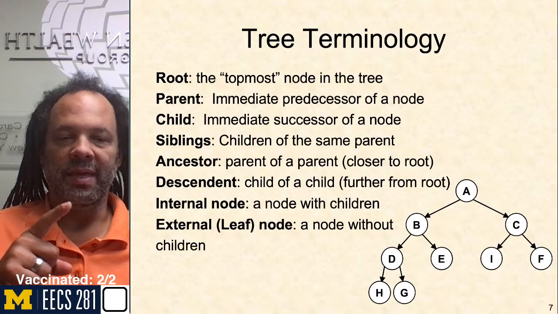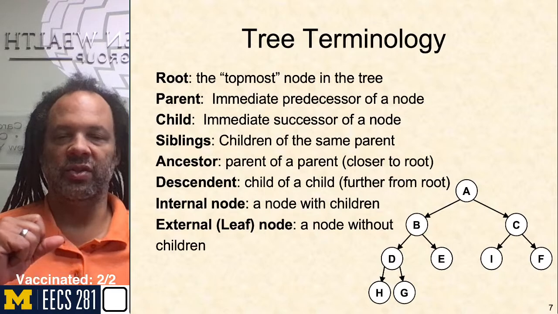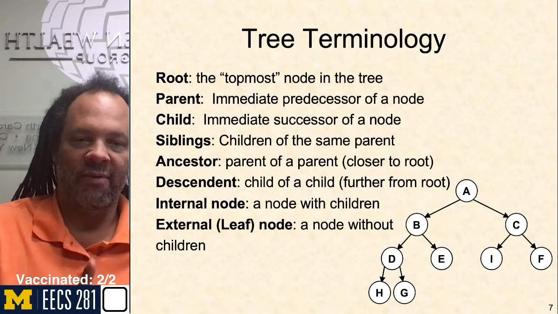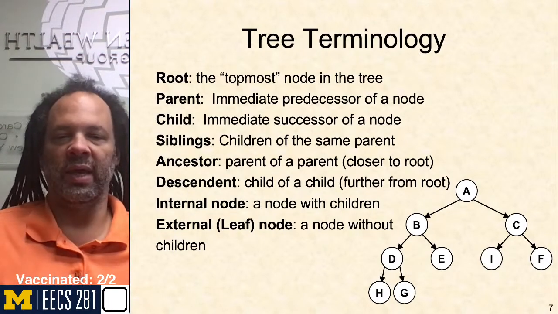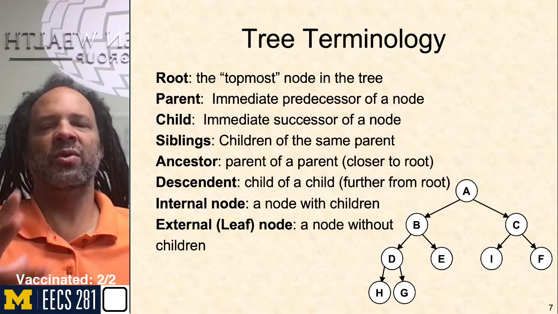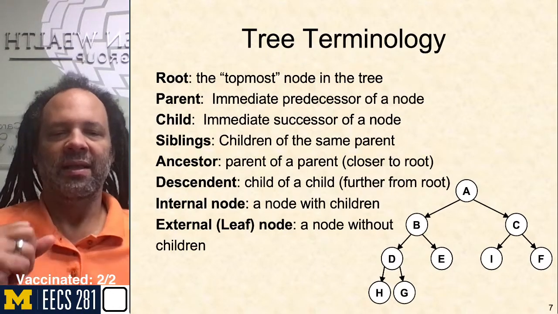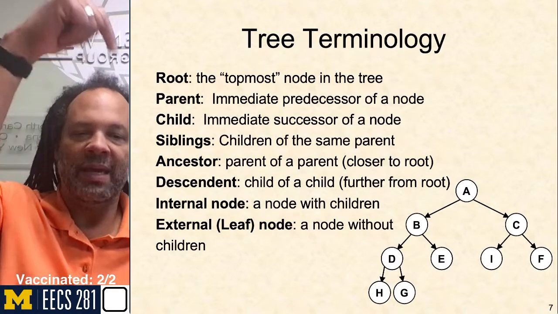But E and H, while E is above H in the tree, E is not an ancestor of H, because you have to travel from H upwards to B and then back downwards to E to locate. And when I say travel, I'm not talking about using the edges. I'm just saying visually we see that if I was going to connect those two, I'd have to go from H up to B and back down to E.